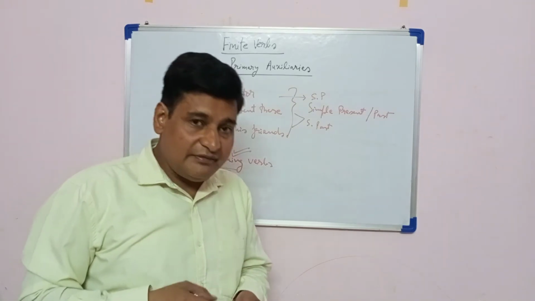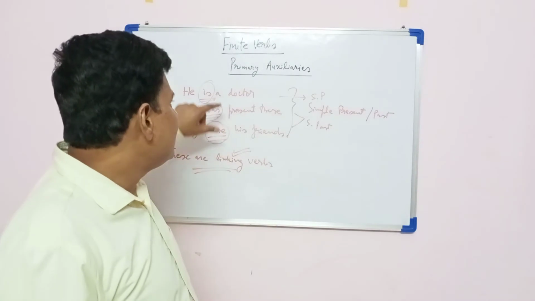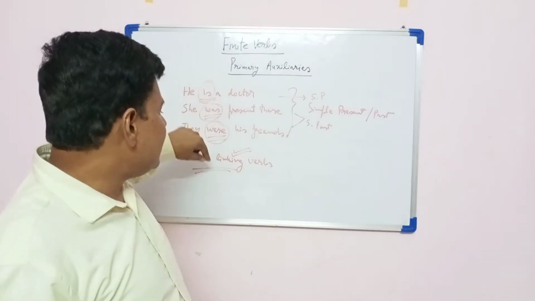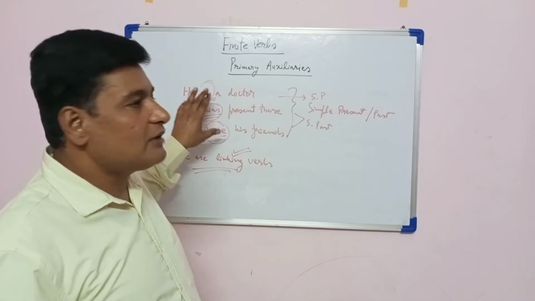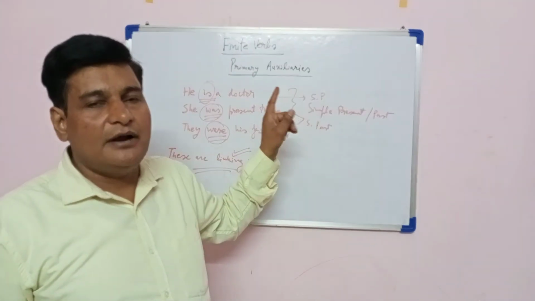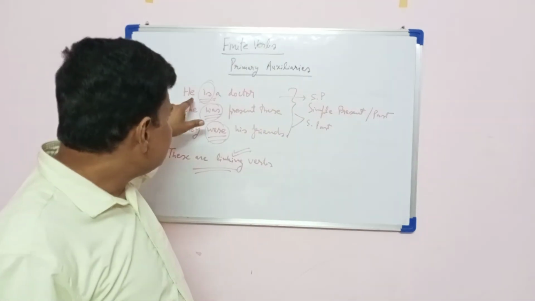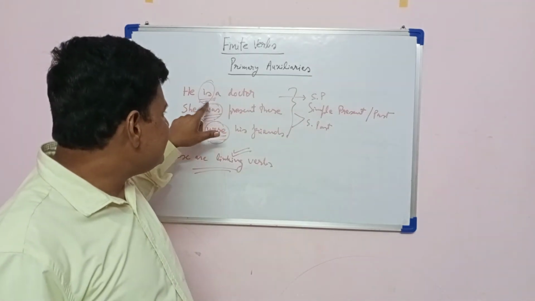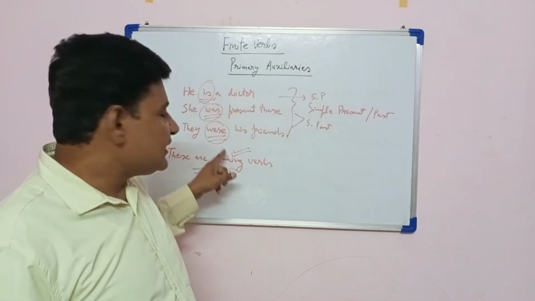So now we will understand what linking verbs are and what the difference is between linking verbs and primary auxiliaries. Although is, was, were are forms of be and be is a primary auxiliary, here in these examples you can see that the primary auxiliary has become the main verb.